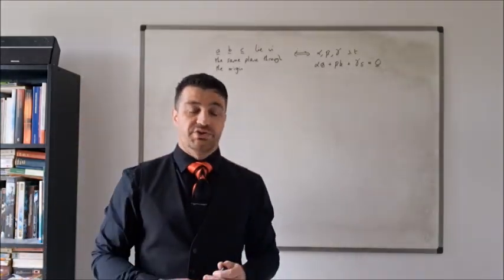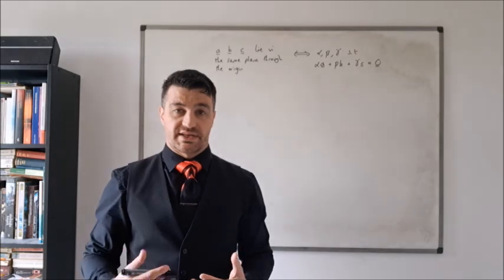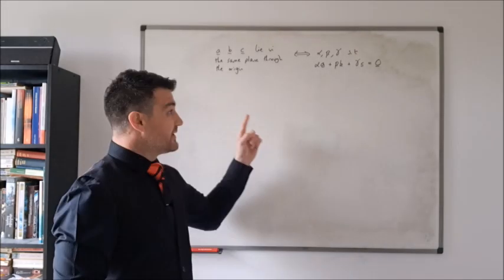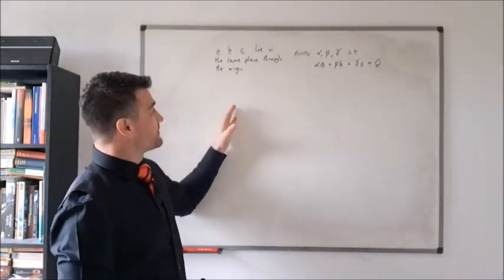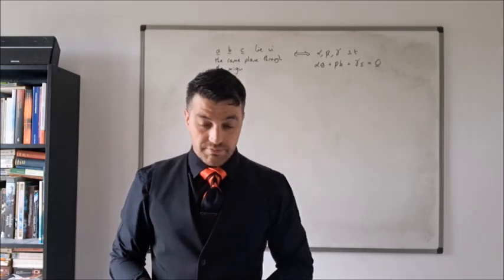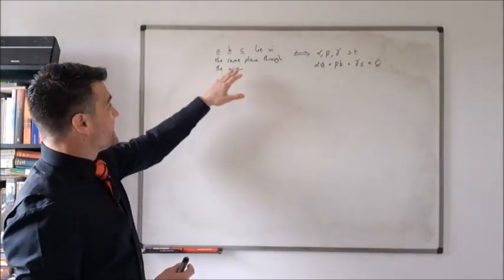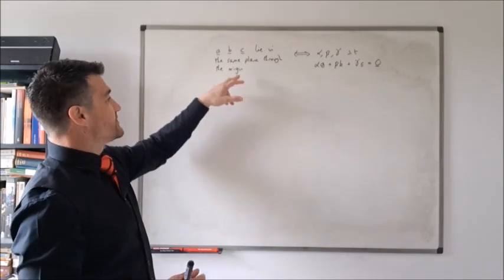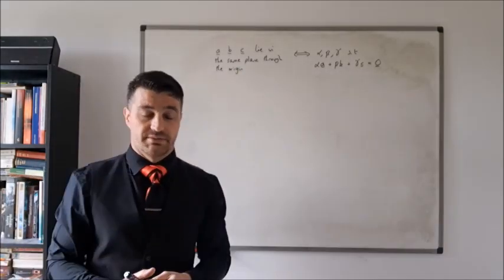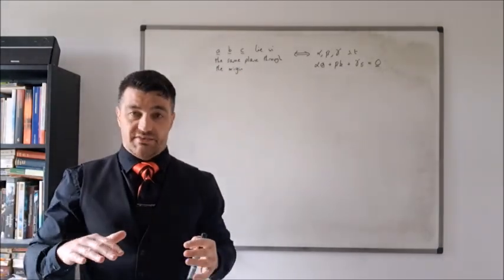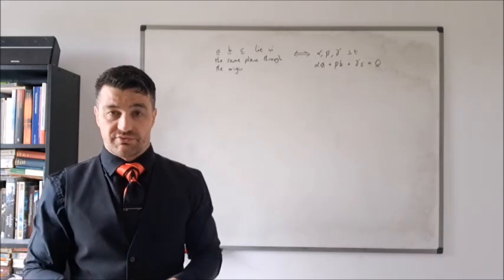For those of you that know about vector spaces and things like that, this will be a very, very straightforward problem, because as we can see, if the plane that we're interested in is a plane through the origin, that makes it a vector space, in particular a two-dimensional vector space.